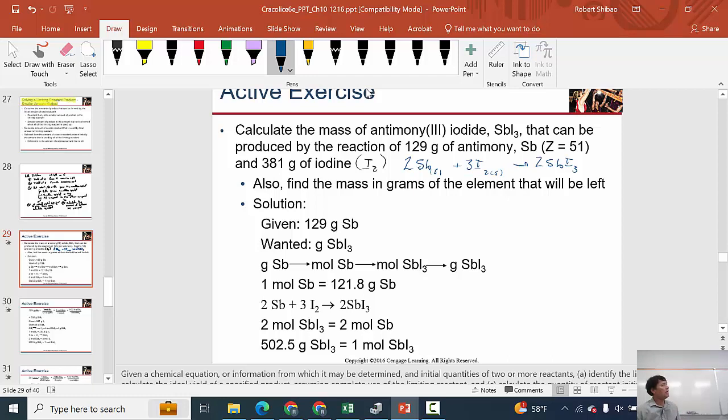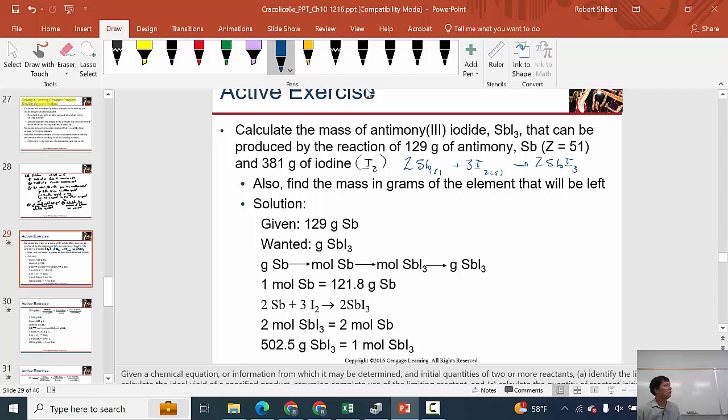And so we're given A, which is antimony, and B, which is iodine. And so the first thing is I assume there's excess iodine and calculate how many grams of SbI3 I can produce based on A. That's calculation 1.